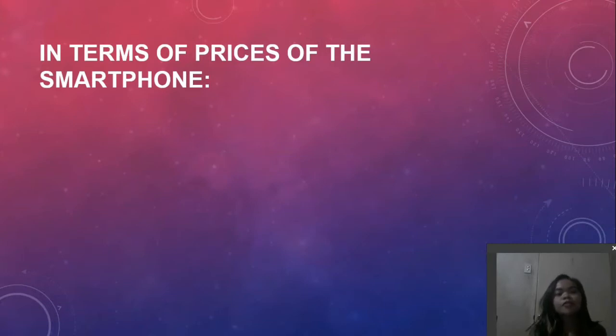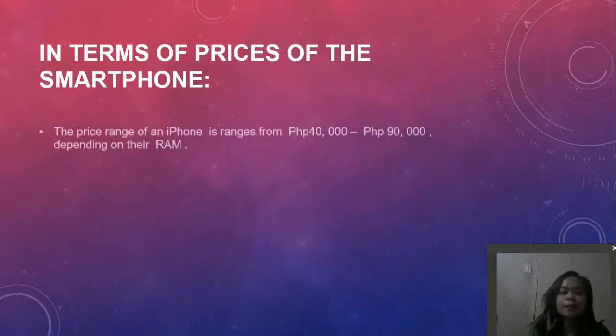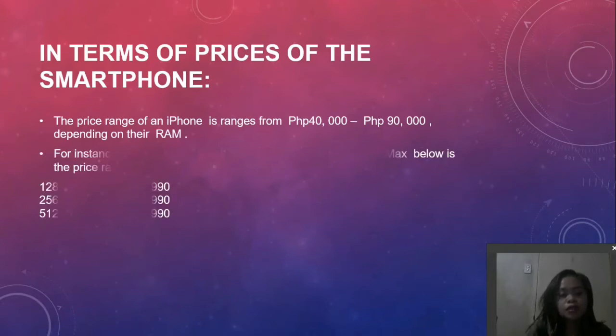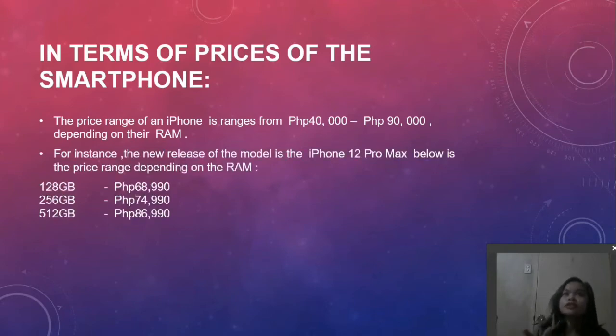So in terms of prices of the smartphone, the price range of an iPhone ranges from 40,000 to 90,000 pesos here in the Philippines, depending on the RAM. Okay, for instance, the new release of the iPhone is the iPhone 12 Pro Max. So we can see below the price range depending on the RAM.